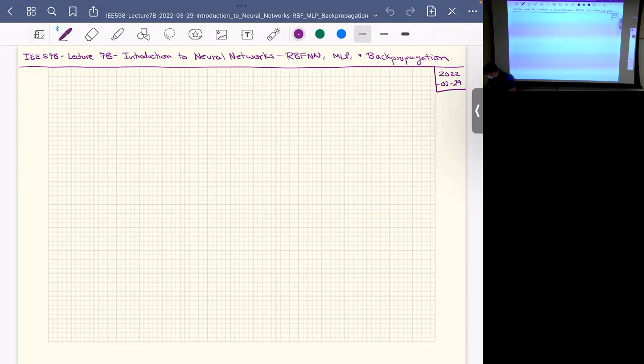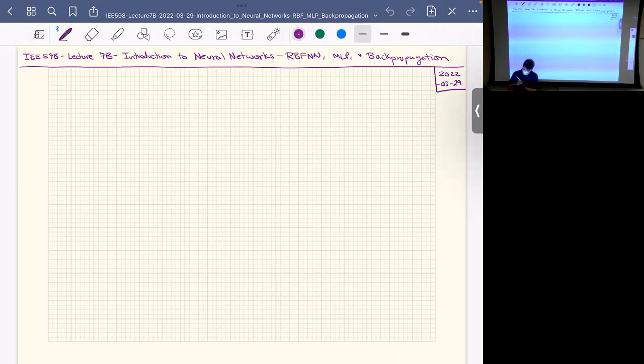So we left off last time introducing neural networks and giving the biological background. And we had just started talking about this simple model of a neuron.